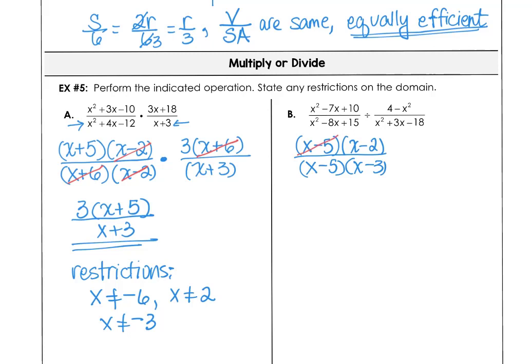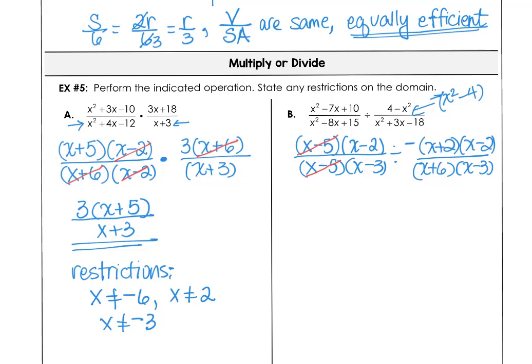And already we can take out the x minus 5. And dividing by, pulling out a negative here, so x plus 2 and x minus 2. If you think about that, that's negative x squared minus 4. So I can factor it as the difference of 2 squares. And the denominator is x plus 6 and x minus 3.